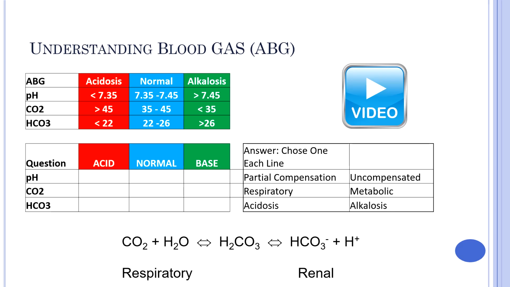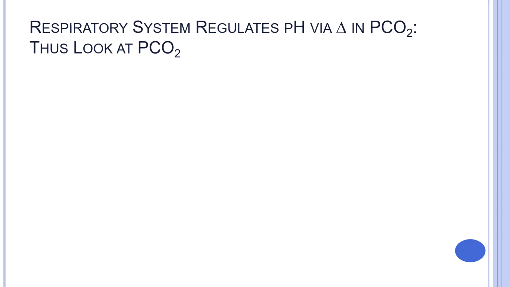If the bicarbonate is in the same column as pH, either under acid or under base, then we would know it was metabolic. Okay, so the respiratory system regulates pH via change in carbon dioxide.